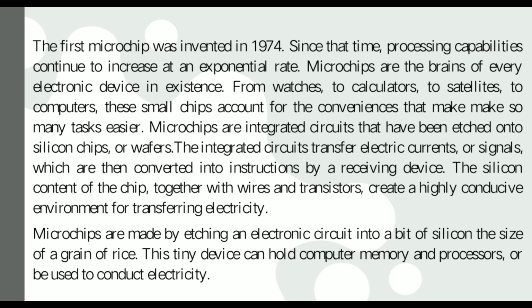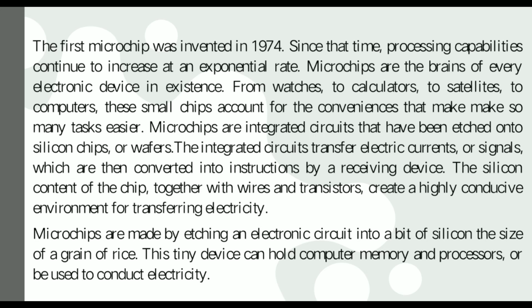The first microchip was invented in 1974. Since that time, processing capabilities continue to increase at an exponential rate. Microchips are the brains of every electronic device in existence, from watches to calculators to satellites to computers. These small chips account for the conveniences that make so many tasks easier.